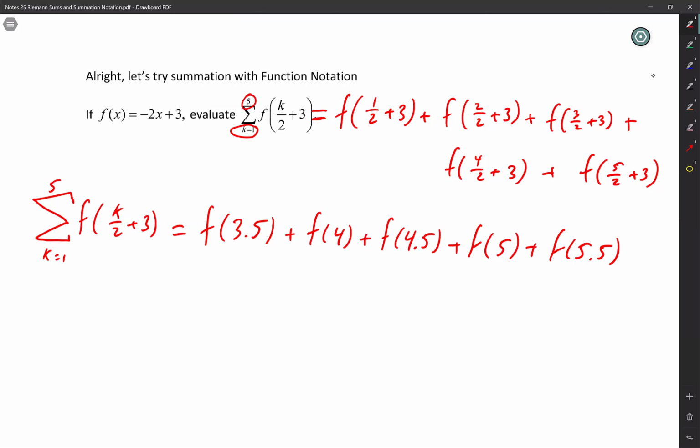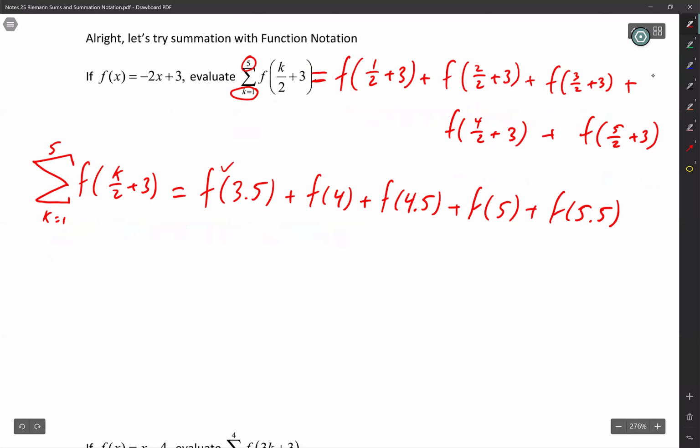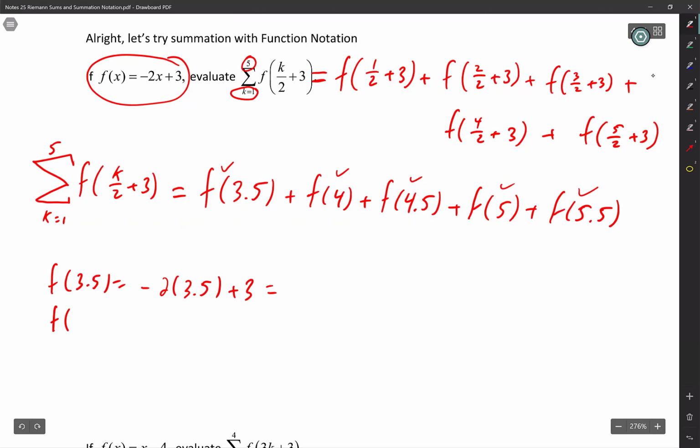So now what are you going to do? You're going to find these guys. f of 3.5 equals -2 times 3.5 plus 3. Find me this one. We're all going to do one. f of 4, -2 times 4 plus 3.